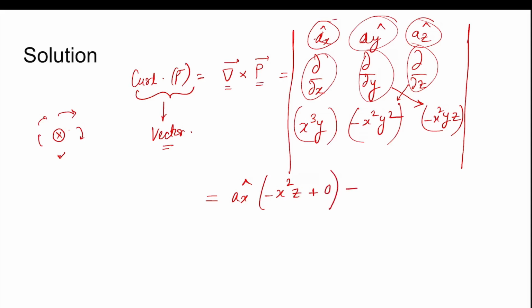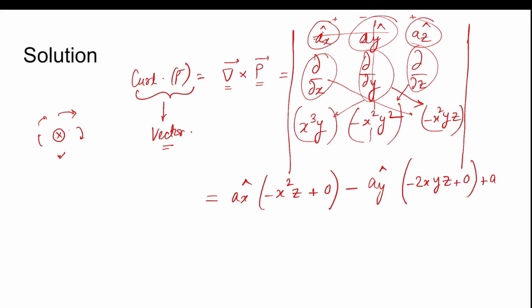It opens with plus, minus, plus. So minus ay hat d/dx of this, so minus 2xyz, and the other term is 0.